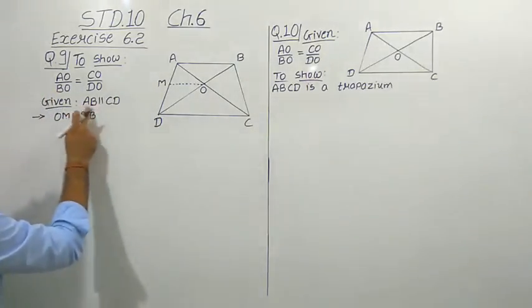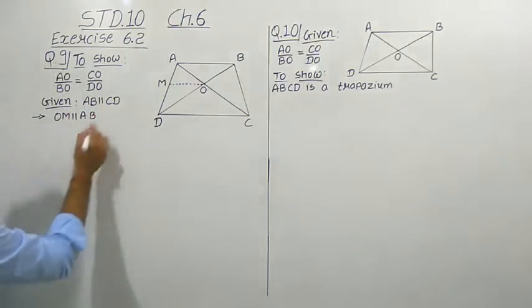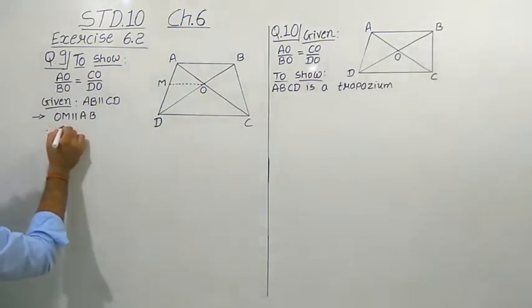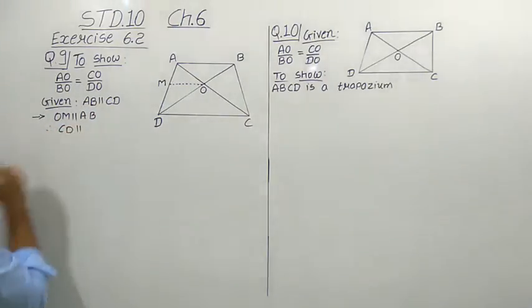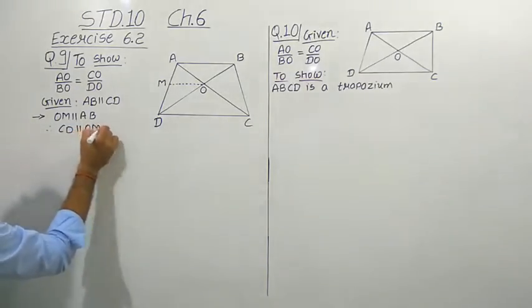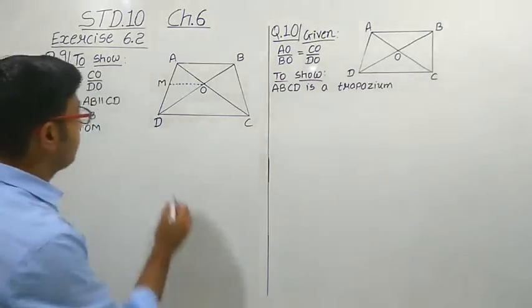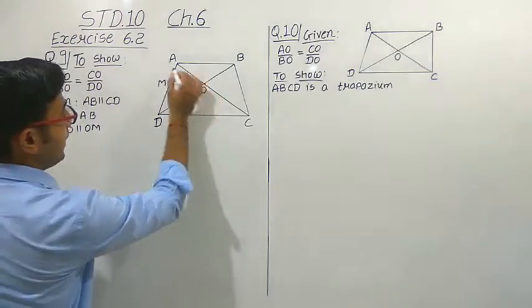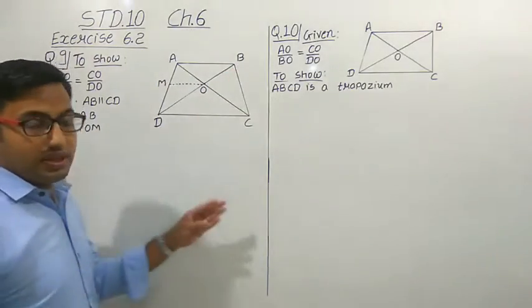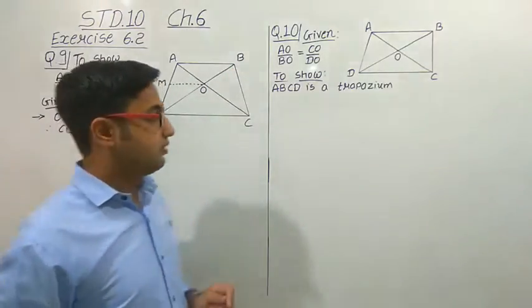You see that AB is already parallel to CD. That means we can write, therefore CD is also parallel to OM. So now OM, AB and DC, all three are parallel to each other.